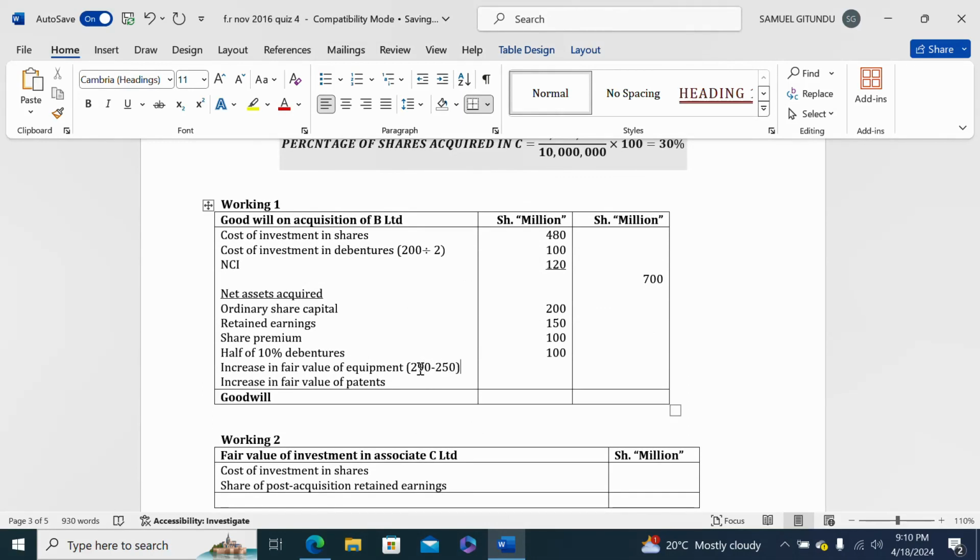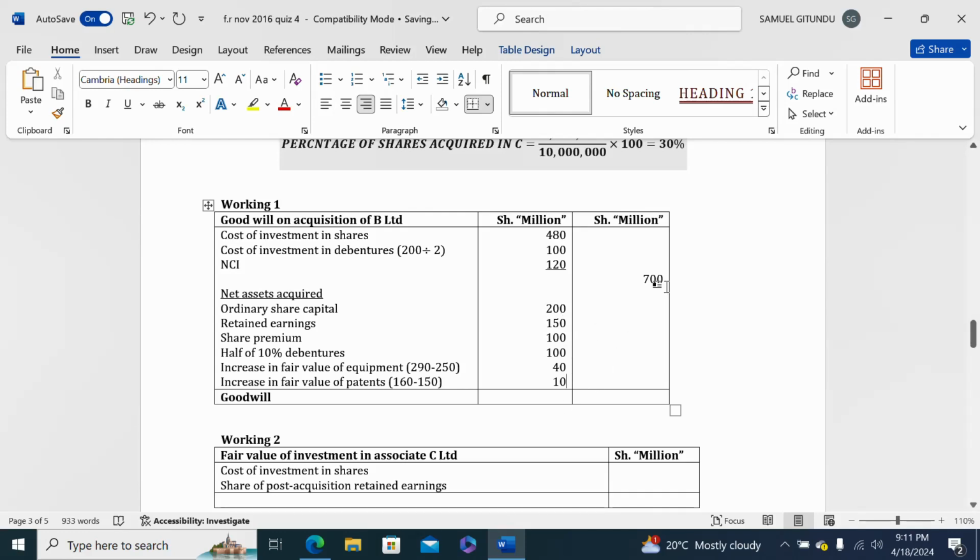The increase was from 250 to 290. Therefore, the difference is 40. There was an increase in the fair value of equipment by 40 million. Then the increase in the fair value of patents, they increased from 150 to 160. So there is an increase of fair value of the patent by 10 million.